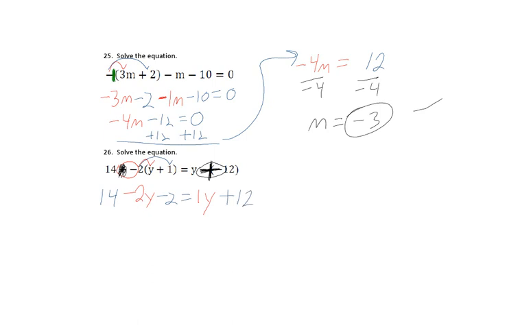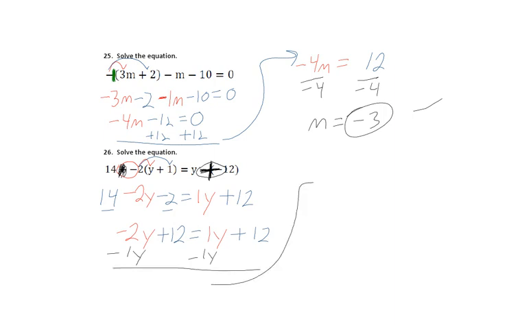Next, we can combine like terms. So 14 minus 2 is 12. So that becomes negative 2y plus 12 equals 1y plus 12. Okay, next we could subtract 1y.